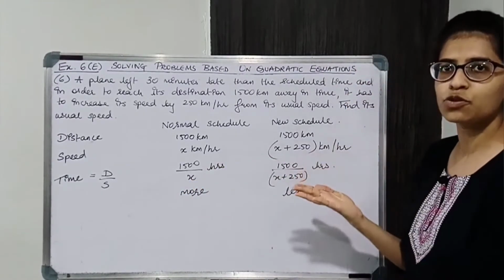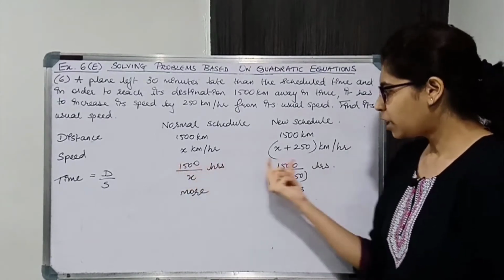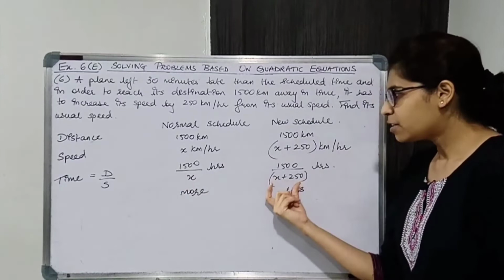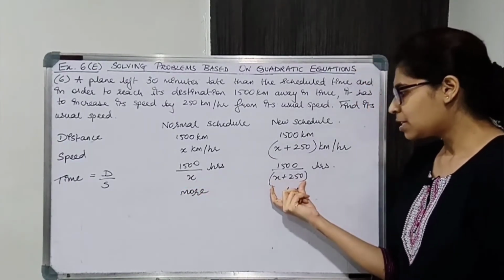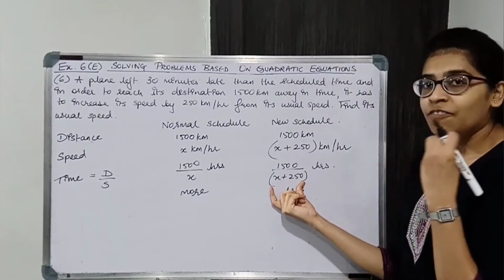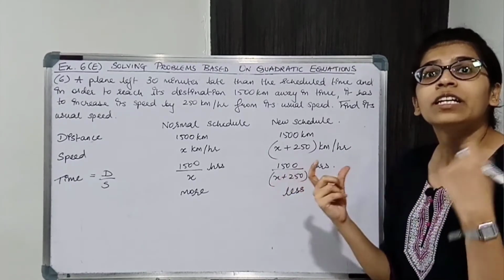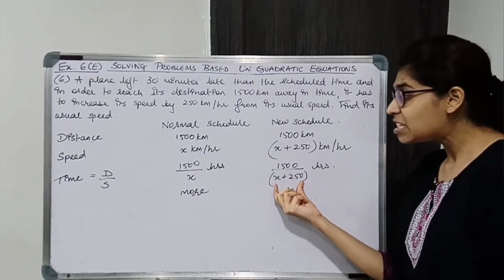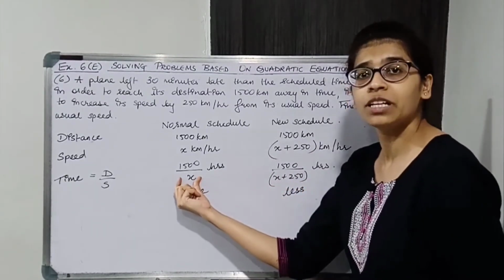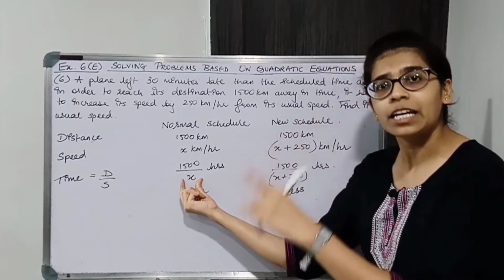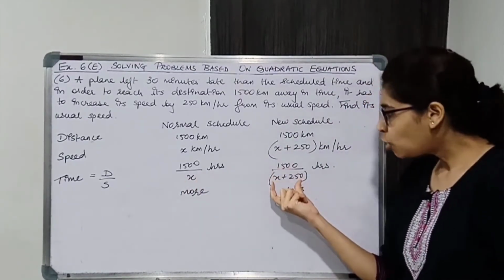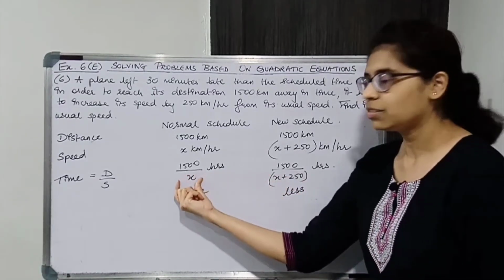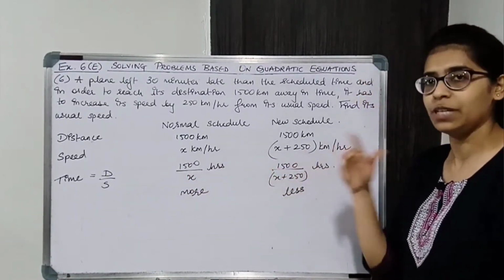If you still have confusion, here is one more way to check. The numerator is the same. If the numerators are the same, check the denominator. Here it is x, here it is x + 250. Where is the denominator more and where is it less? Less denominator means more time, more denominator means less time.